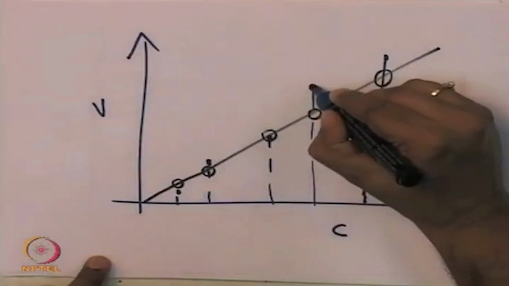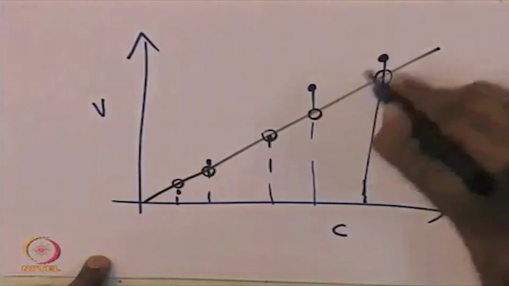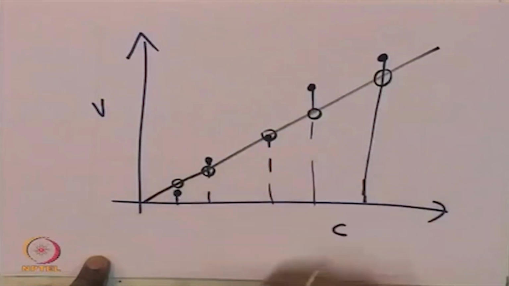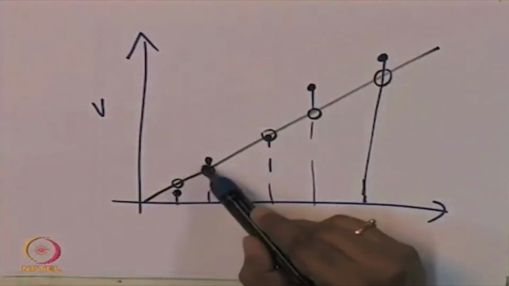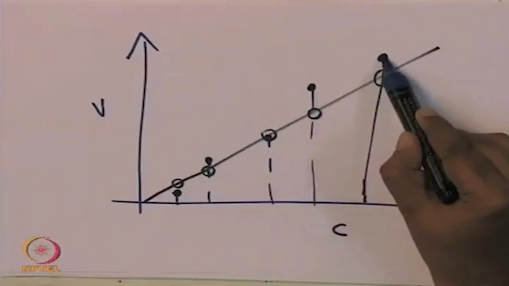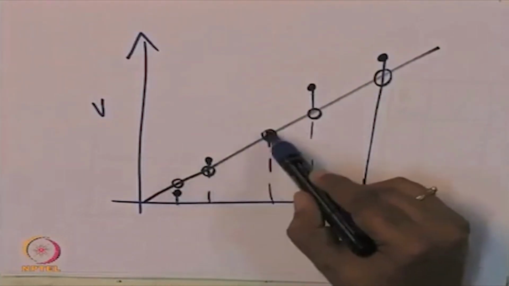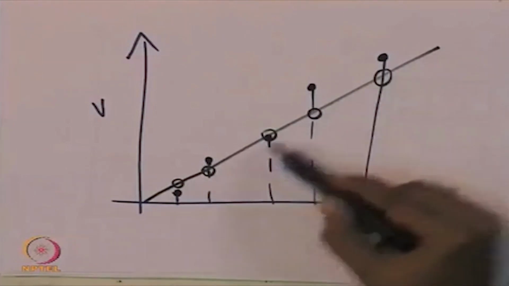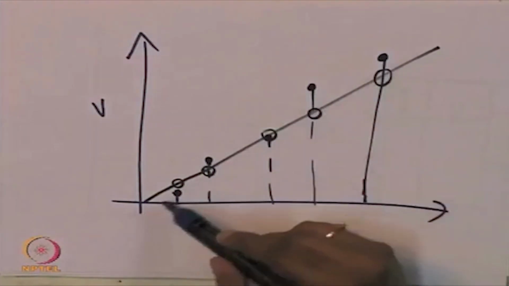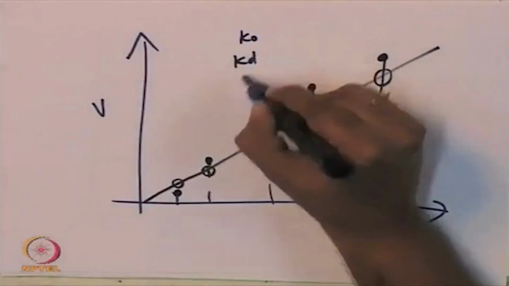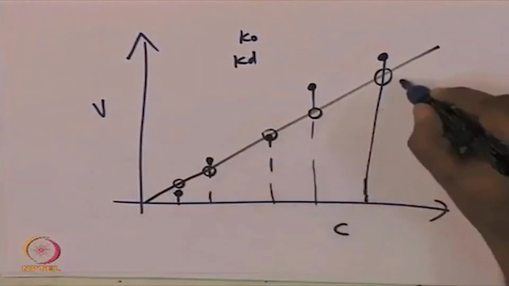Whatever I show as a dot, the filled circle, is an experimental value. So, these are experimental values. This is what you got experimentally, and this must be the theoretical value, because when we finally get a straight line, let us say for actin, if you know K0 and Kd, you can get this straight line. So, you get this theoretical value.